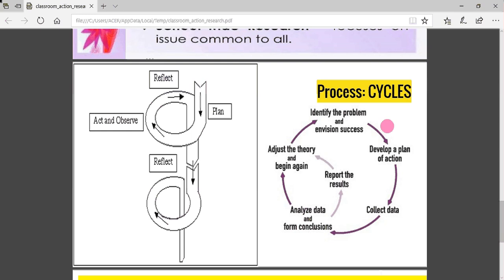So first of all, we try to identify the problem in the classroom, the problem relating to student behavior from particular students.